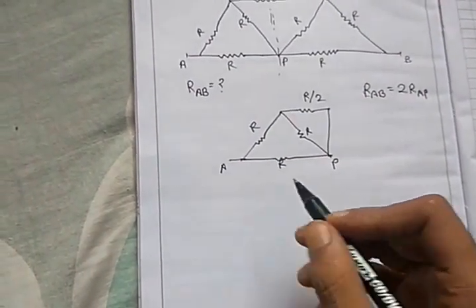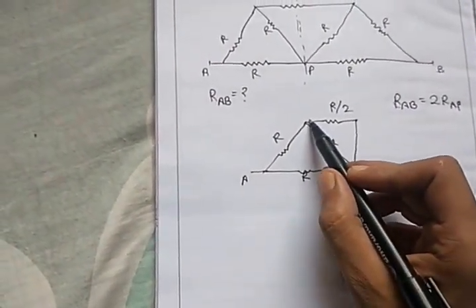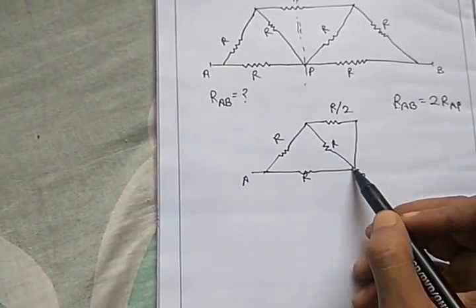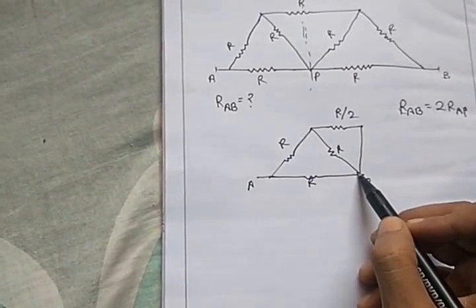So for the resistance between AP, you can see these two branches are in parallel.